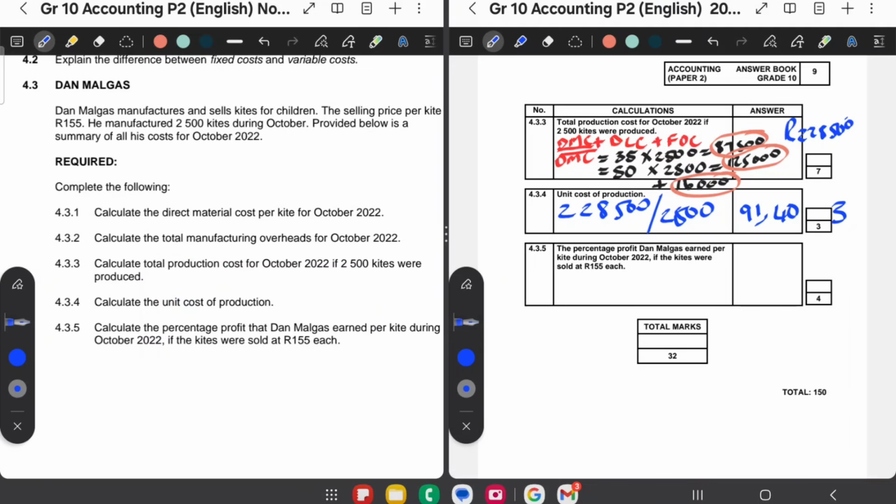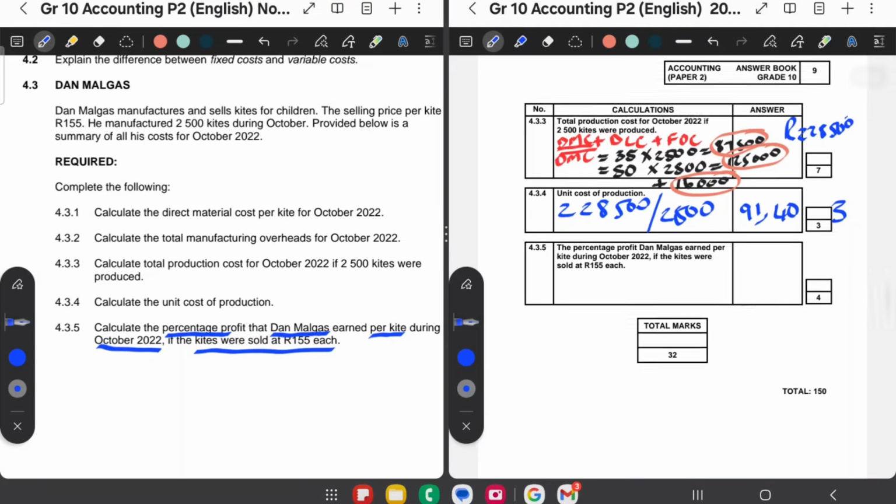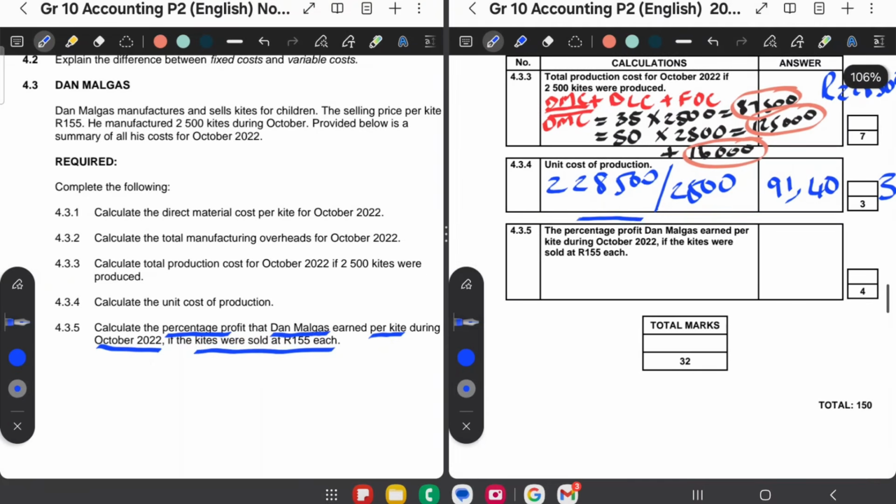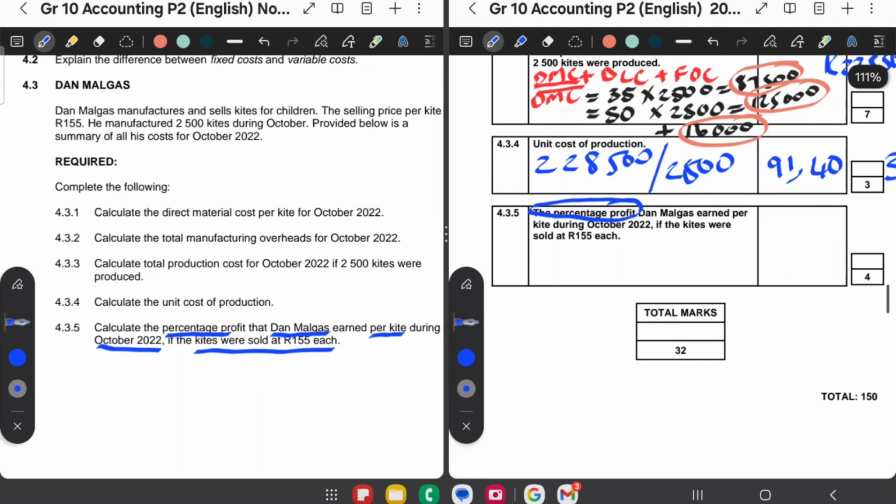Next question. My next question is 4.3.5, and it says calculate the percentage profit that Dan Malgas earned per kite during October. So this is for one kite. If the kites were sold for 155 each. So they want to know what is the percentage profit that he made. So to work out the percentage profit, you take the selling price minus the cost price over the cost price, and that times 100.